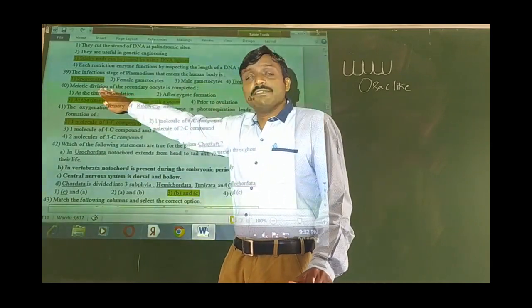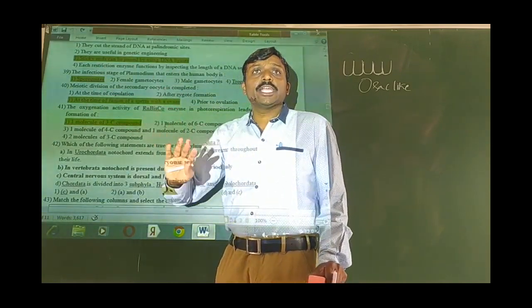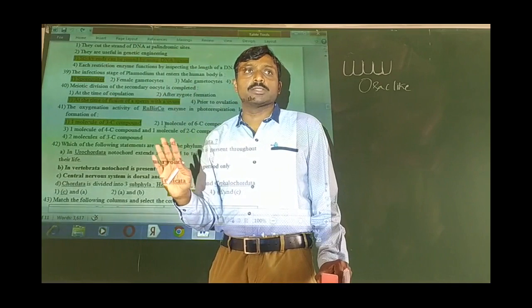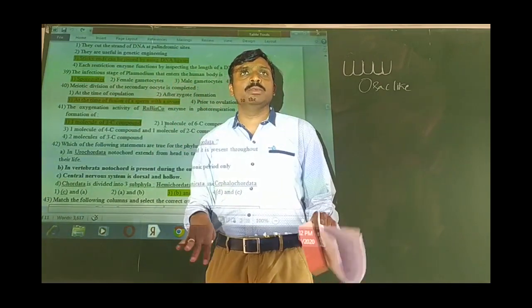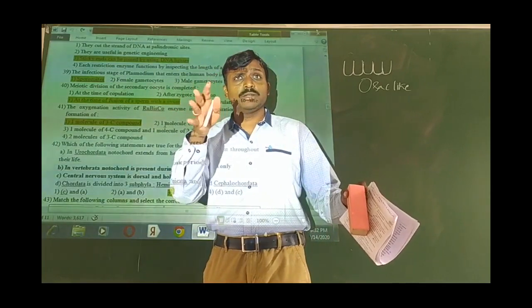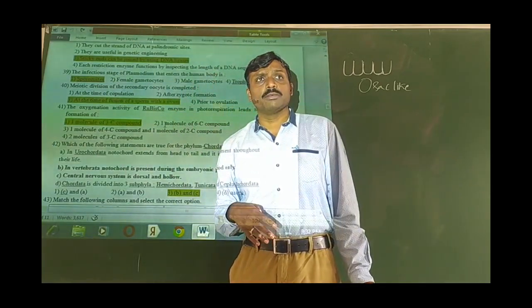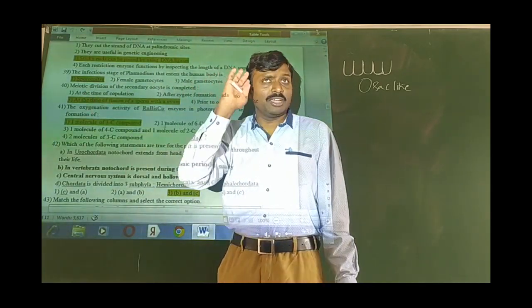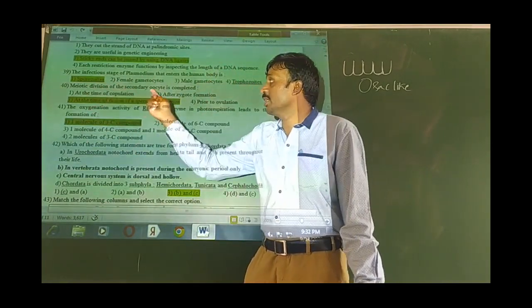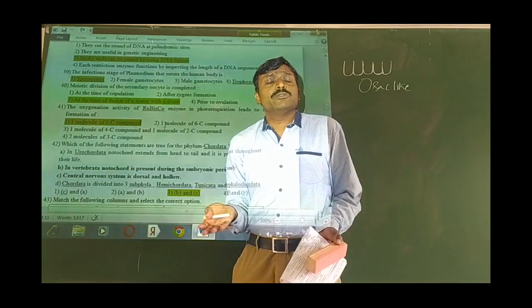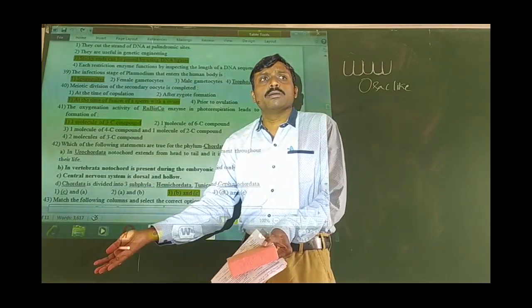So meiotic division always takes place before the formation of gametes. Okay, before the formation of gametes. After the formation of gametes, there is no need to perform meiotic division, right? So that one proper thinking is enough here. Meiotic division of the secondary oocyte. Secondary oocyte gives rise to nothing but ovum.